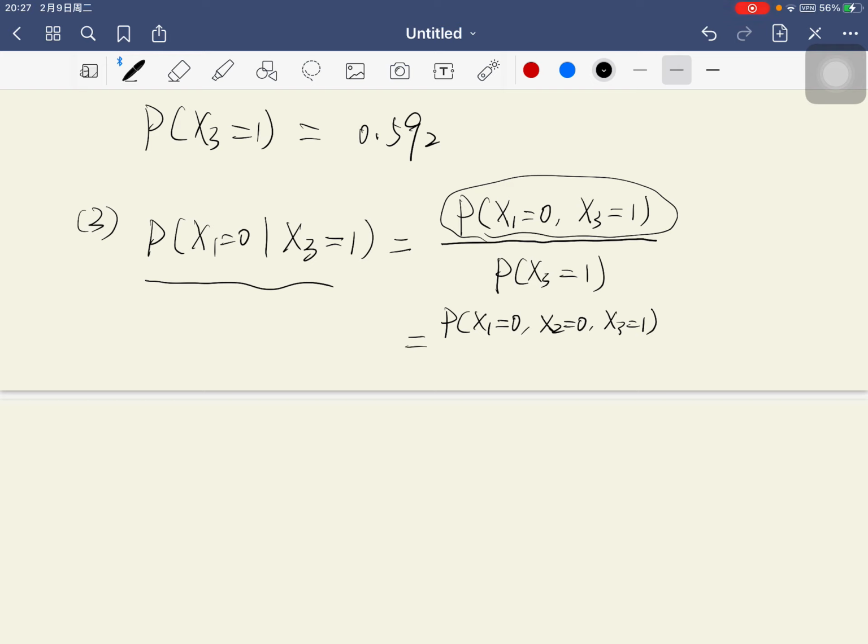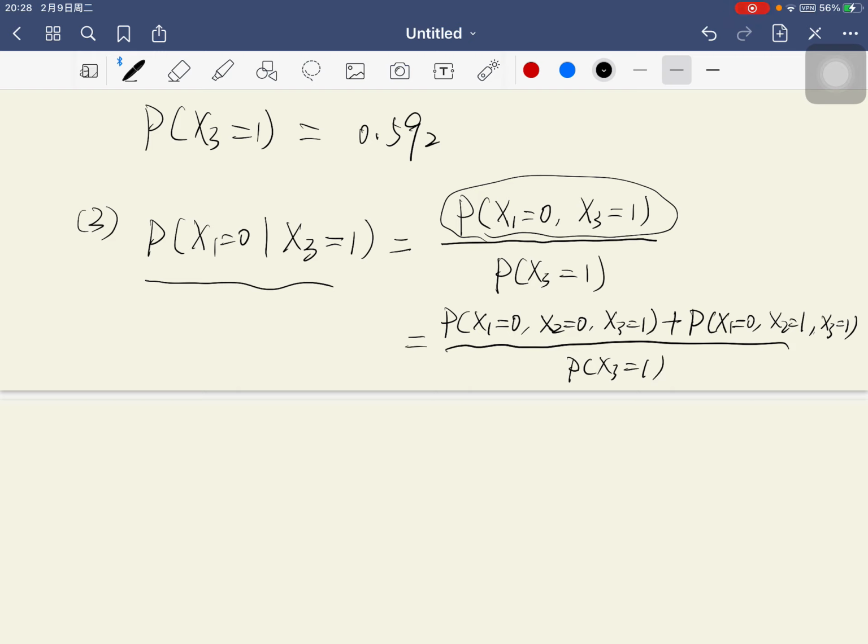The x2 signal can have two conditions, so we add the probability of x1 equals 0, x2 equals 1, and x3 equals 1, all over the probability of x3 equals 1.